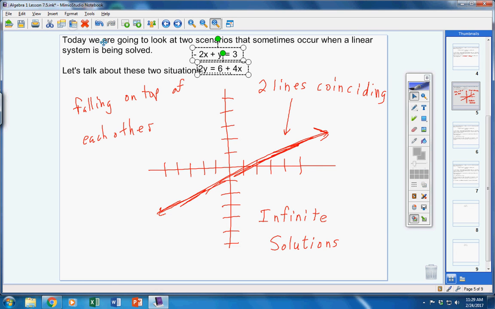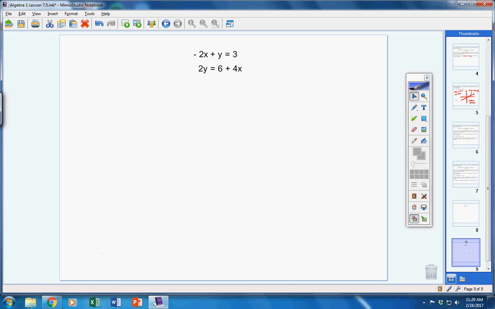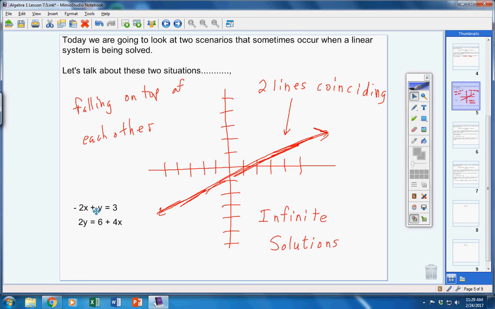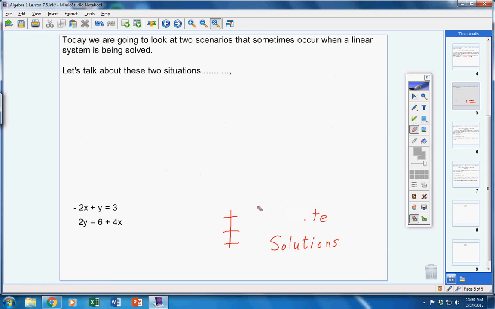Did you know that this linear system right here, we're going to look at this later in a couple slides, okay? But if you were to graph these two lines, you would get the exact same graph. Okay, trust me on that. In fact, you don't have to take notes on this, just watch real quick.